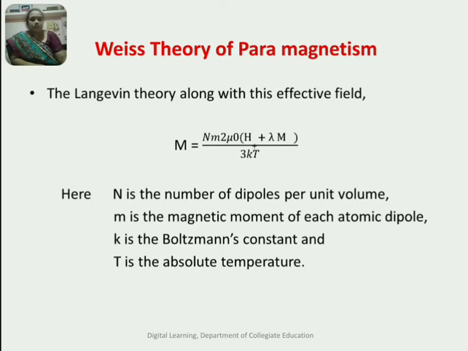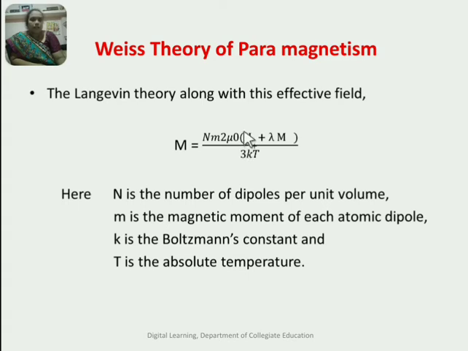Then following from the Langevin theory, along with this field, M, the intensity of magnetization, is given by the expression N m square mu naught He divided by 3kT.